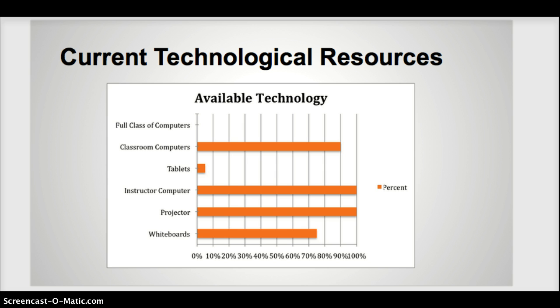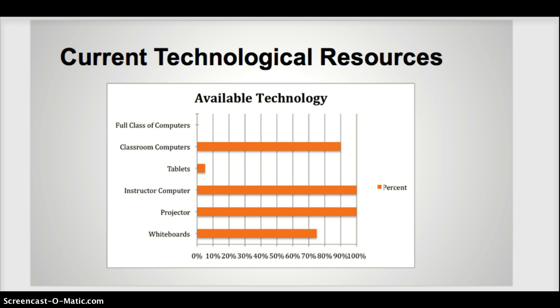Of course, you can see 100% of our classrooms have instructor computers and projector capabilities, whether that's just a projector or also using the whiteboard, which about 75% of our classrooms throughout the district are equipped with, the interactive whiteboards. Being able to use something such as a whiteboard is a great technology to present, and for the students to use to the best of their needs as well.